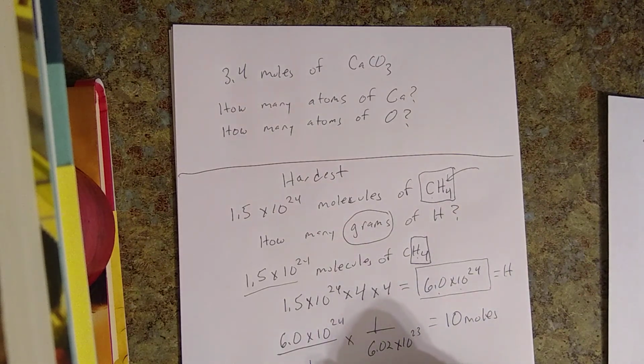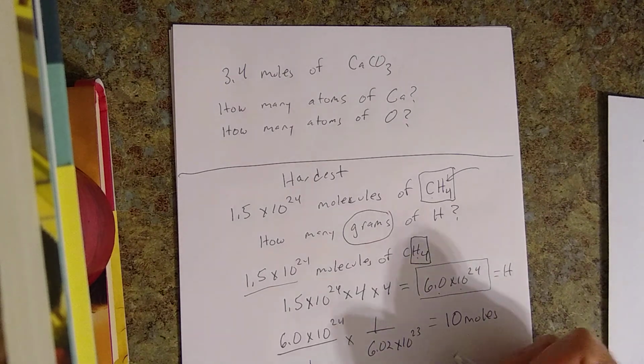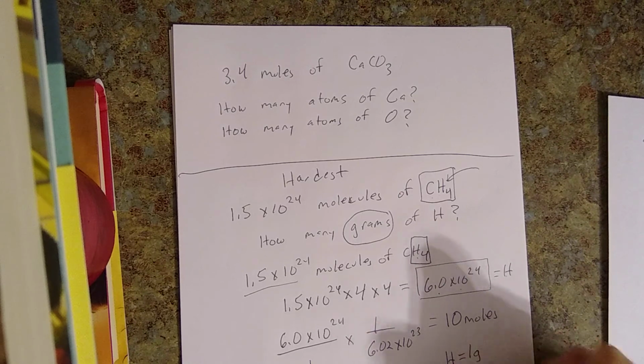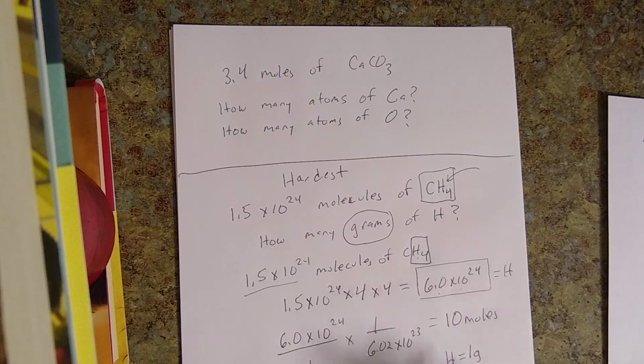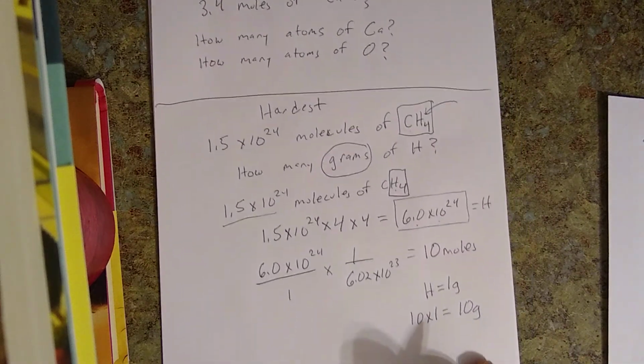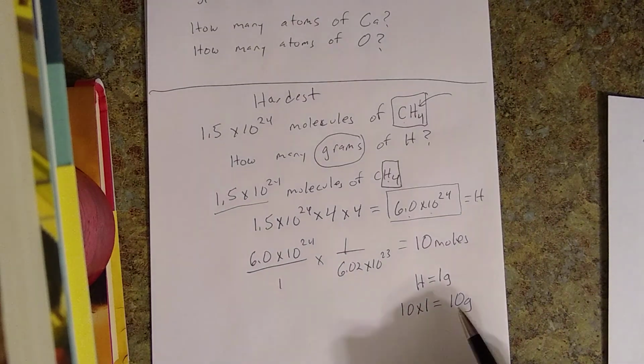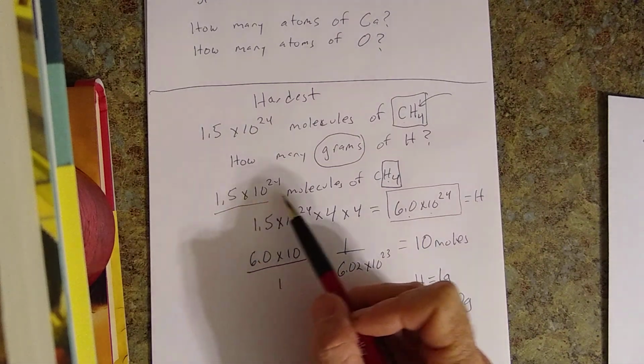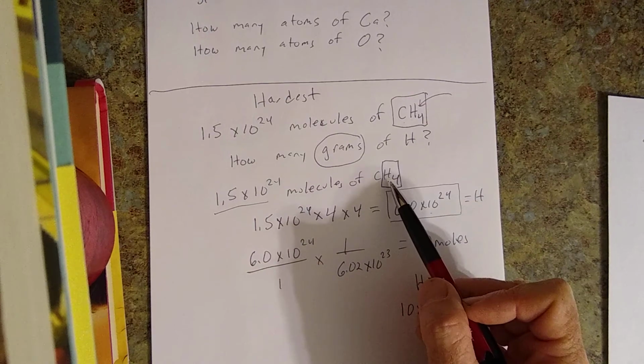Right? So you have 10 moles of hydrogen. And hydrogen weighs 1 gram per mole. Right? So 10 times 1 equals, you'd have about 10 grams of hydrogen. Sorry, I went off the bottom there. You'd have about 10 grams of hydrogen if you had 1.5 times 10 to the 24th molecules of methane.